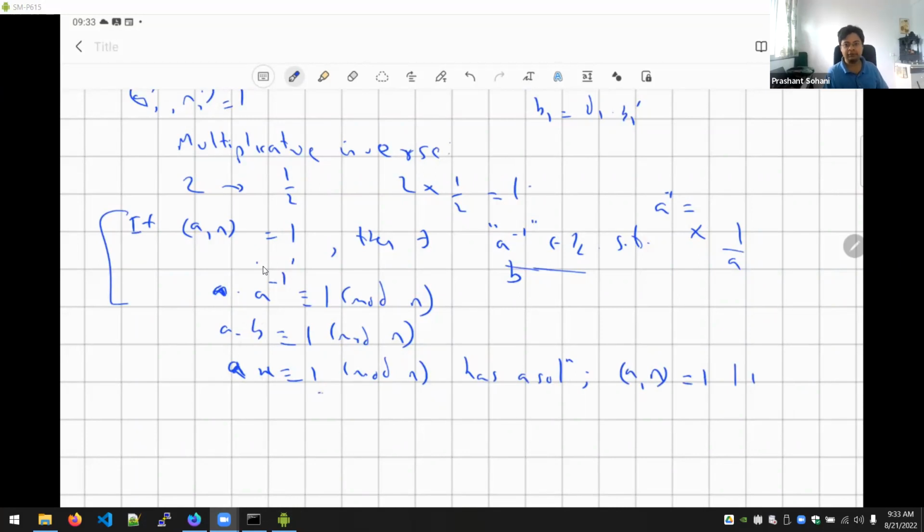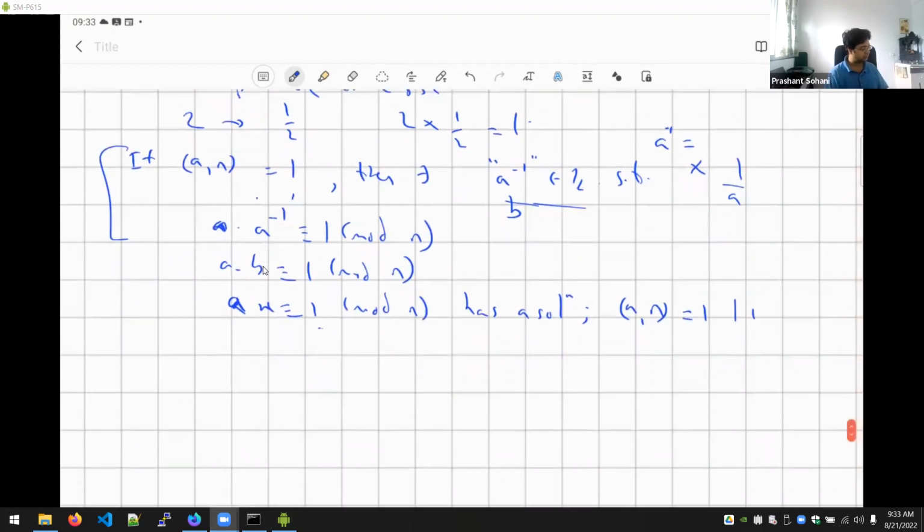And not only will it exist, it will be unique modulo n. So among the range of any n consecutive numbers, there will be exactly one such term. Okay. And to give an example, take a equal to 3 and n equal to 10.